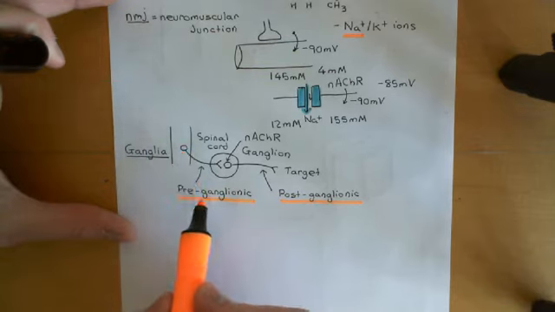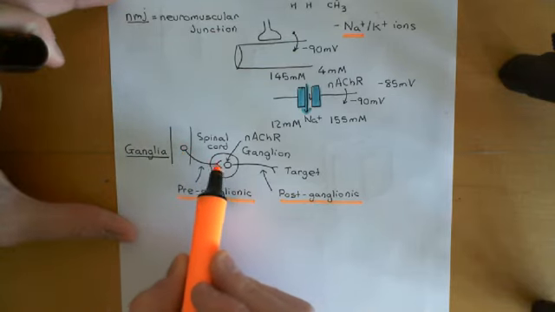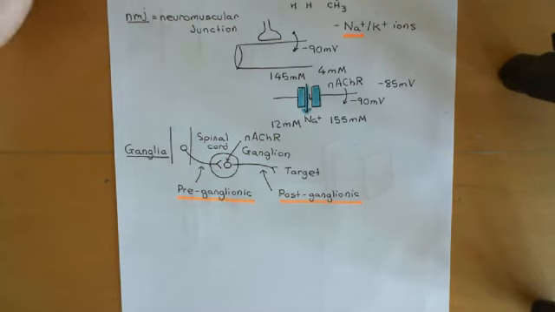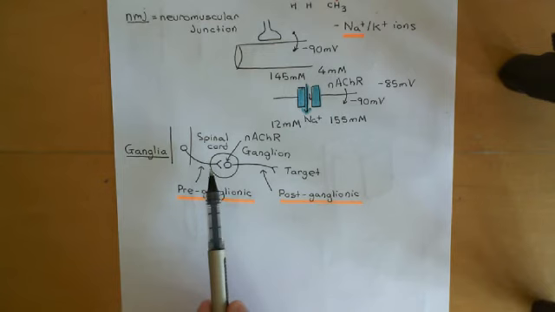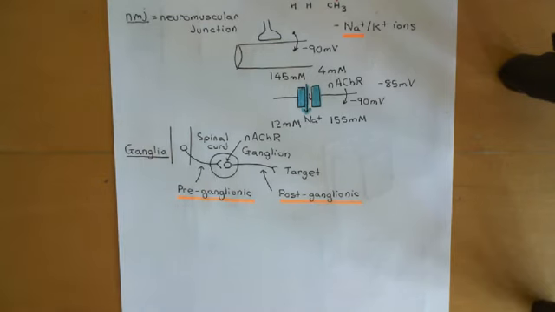It will send its axon out into the sympathetic or parasympathetic ganglion, where it will synapse onto the postganglionic neuron, and that synapse will involve nicotinic acetylcholine receptors and the release of acetylcholine by that preganglionic neuron. So that's another physiologically important example of where nicotinic acetylcholine receptors are involved.